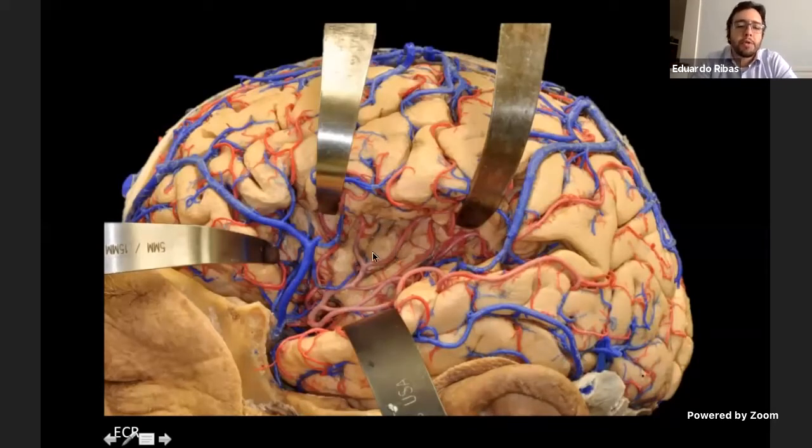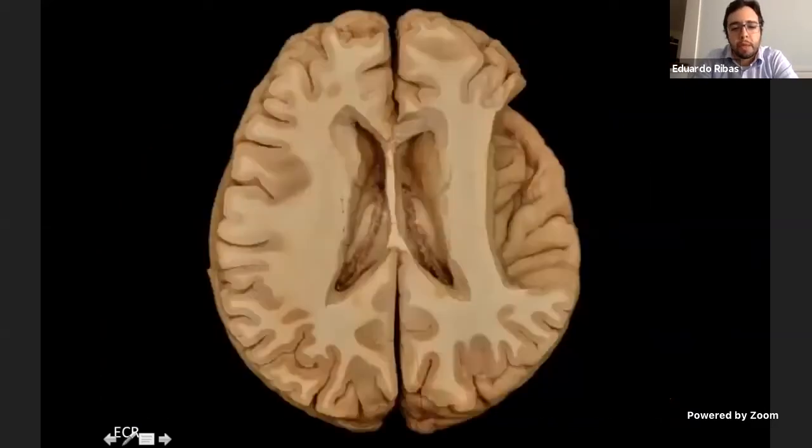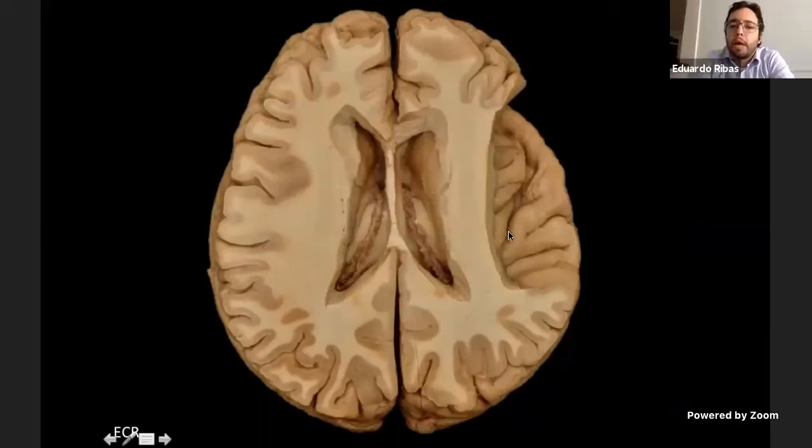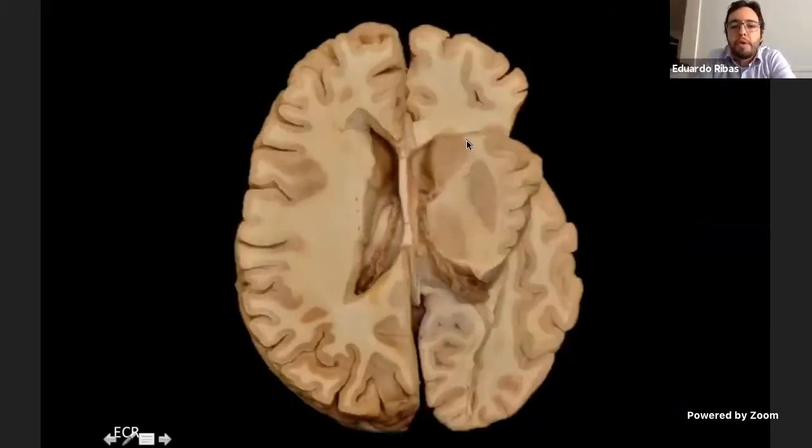The cortical surface of the insula is separated from the rest of the brain by a circular sulcus, the peri-insular sulcus, that can also be subdivided into one anterior, one superior, and one inferior limiting sulcus of the insula.